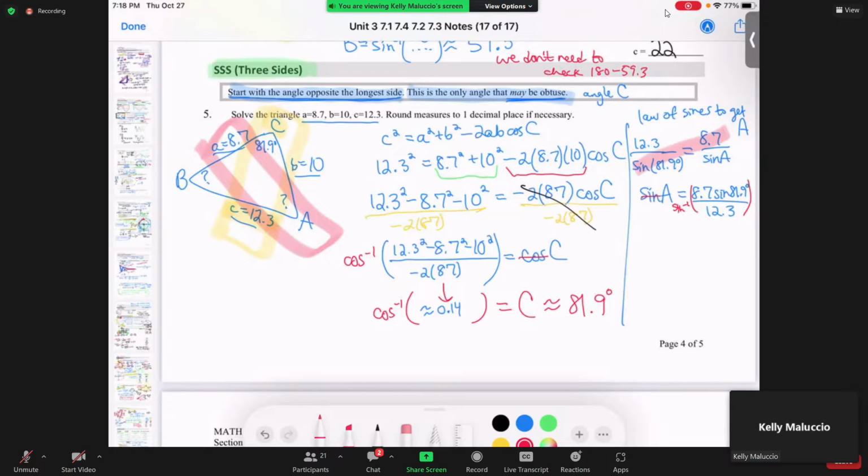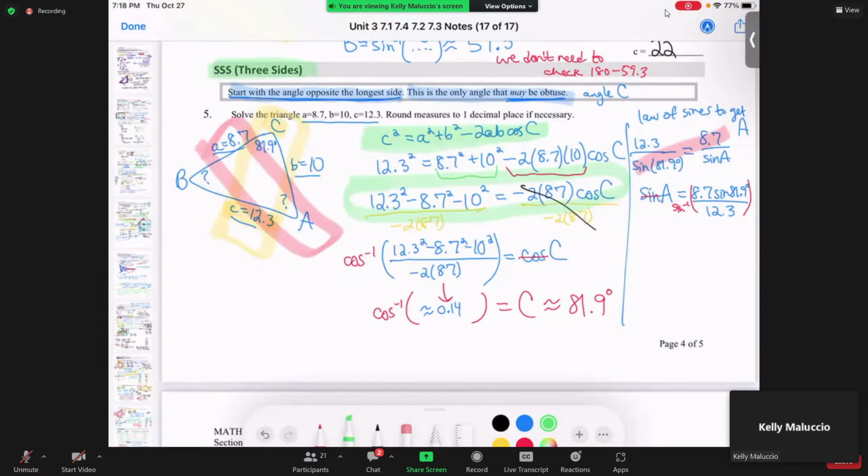Why is the denominator -2? Going back a ways, sorry, I just saw this question. I don't know how long ago it was, but when we look at this step here, I get a negative because the equation is -2ab cosine C, right?